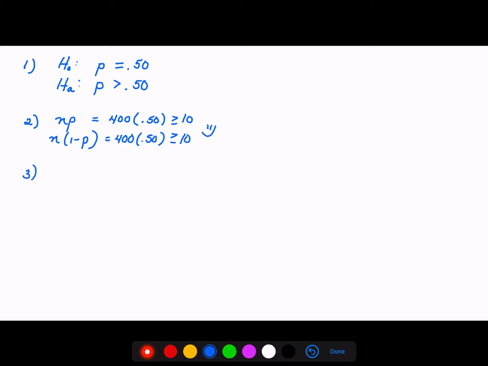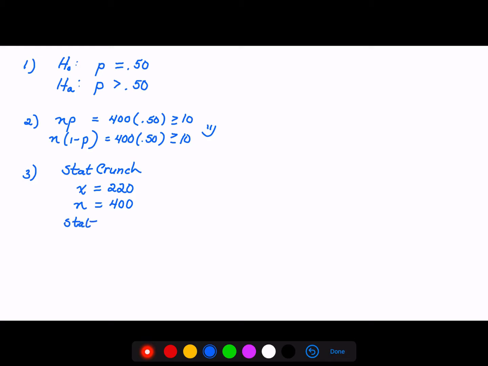And so the central limit theorem is satisfied. The next thing we do is we need to produce a test statistic and a p-value. So our test statistic and p-value we're going to compute by using StatCrunch. In our data in the problem, we had 220 people say yes, they felt this way, out of a sample of 400. And so we're going to go to StatCrunch.